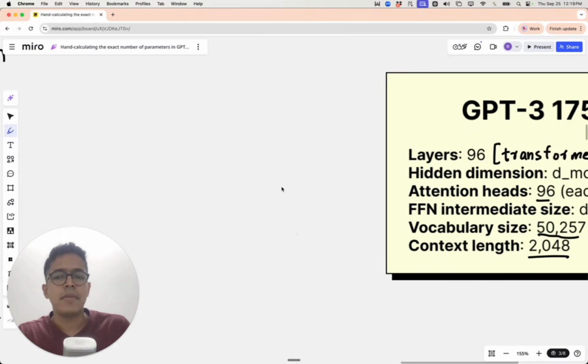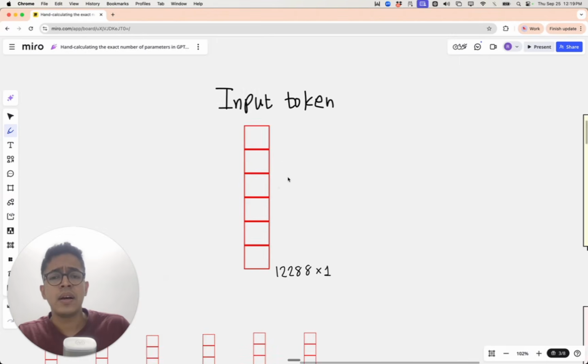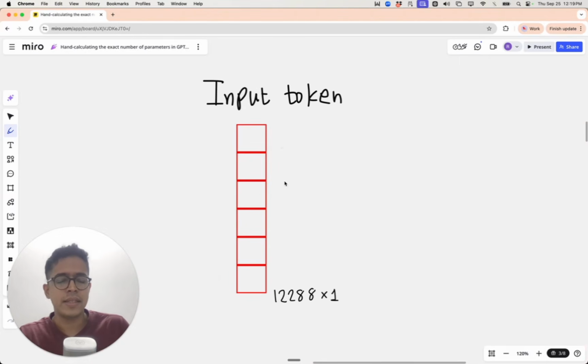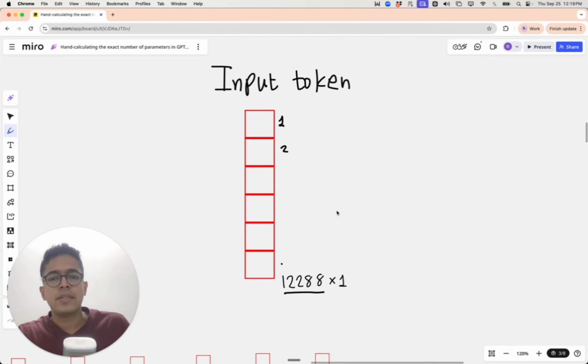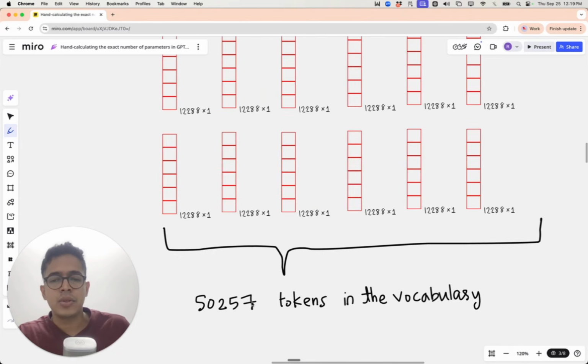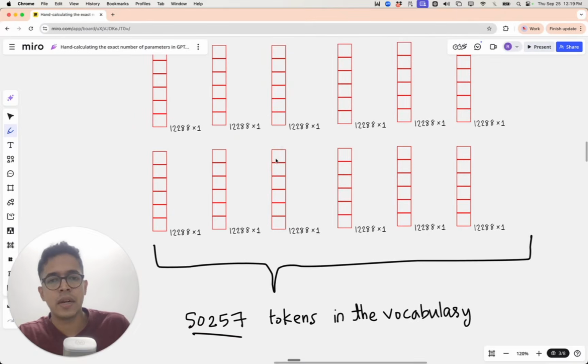Let's start with the vocabulary. As I mentioned, the input token is a vector of 12,288 dimensions. So this is dimension 1, dimension 2, etc., up to 12,288. This is one token. The vocabulary consists of 50,257 such tokens.